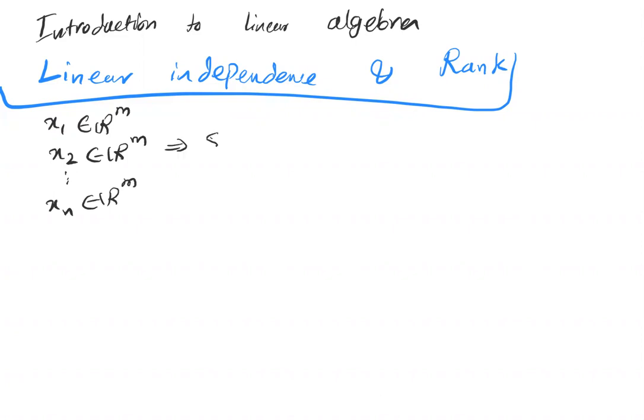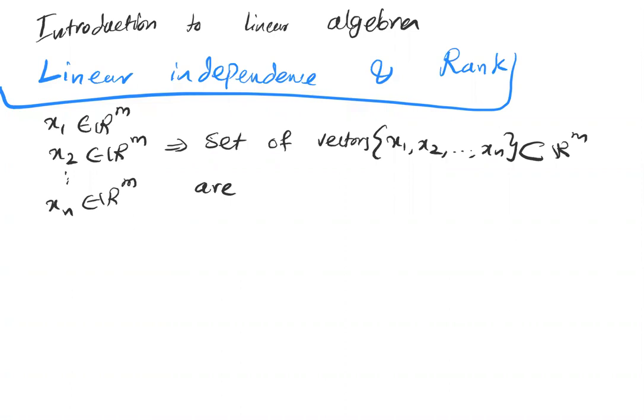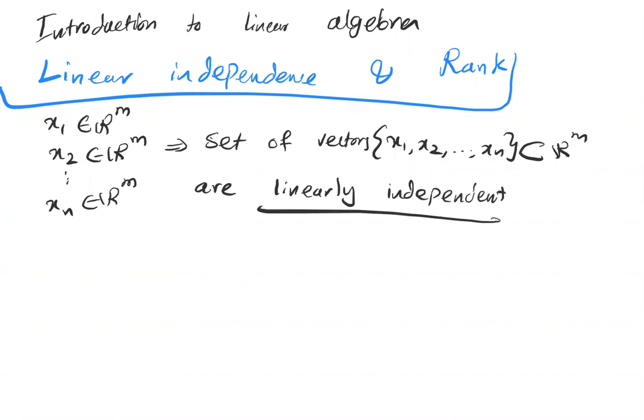So we can say that the set of these vectors x1, x2, x sub n is m-dimensional. They are linearly independent if no vector can be represented as a combination of other vectors.